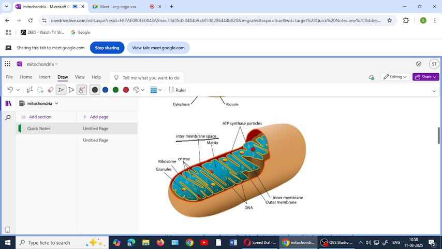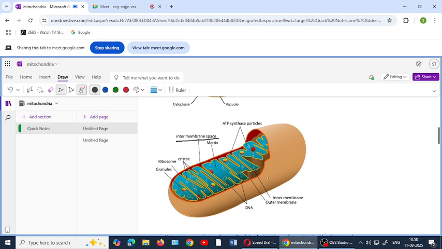Okay, so with ATP synthase, if there is 'ase' at the end, that means it's an enzyme. It can be enzyme precursor molecules. Enzyme precursor molecules means the previous form of the active molecules.